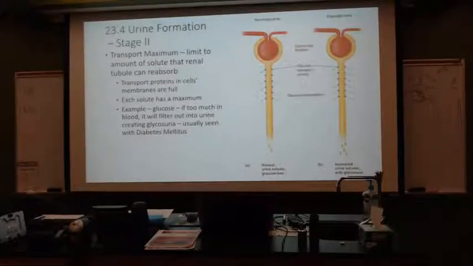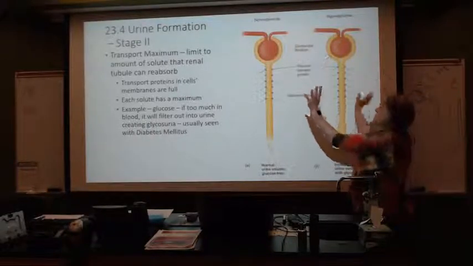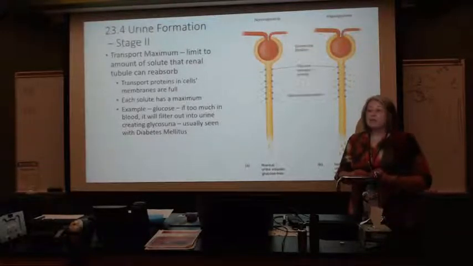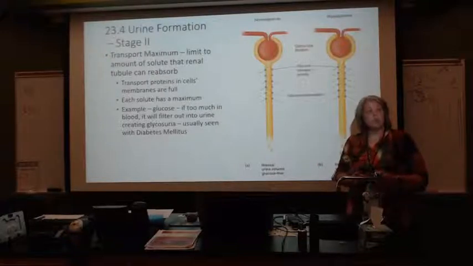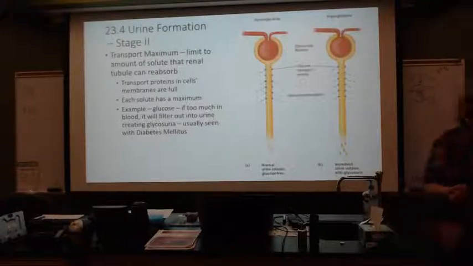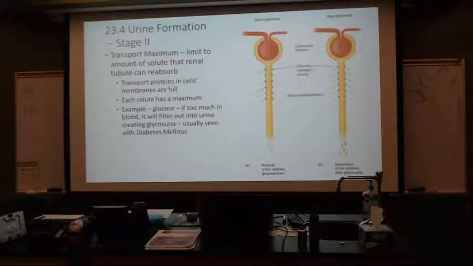One of the things that will happen at this point of the nephron, at the PCT, is that for the movement of all these materials, there is a maximum that can be moved. If the amount of material, whether it's the salts, the glucose, whatever the case might be, exceeds the maximum of what the cells at this level can move, it continues forward.